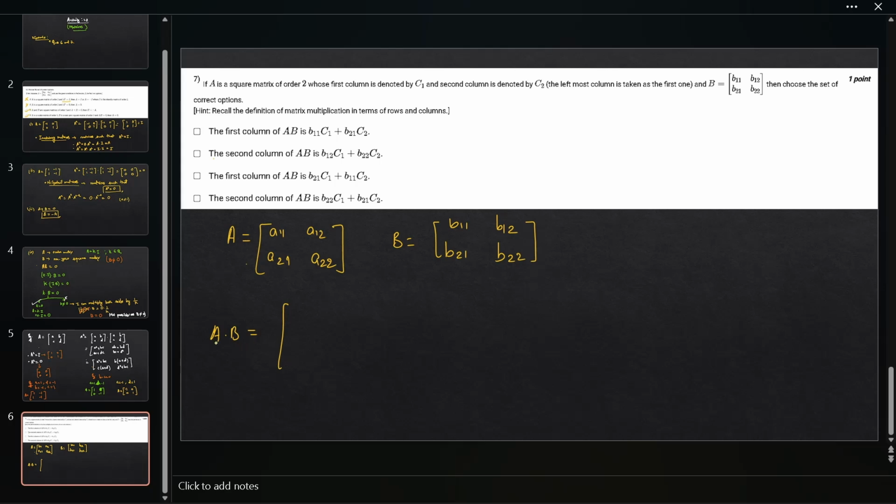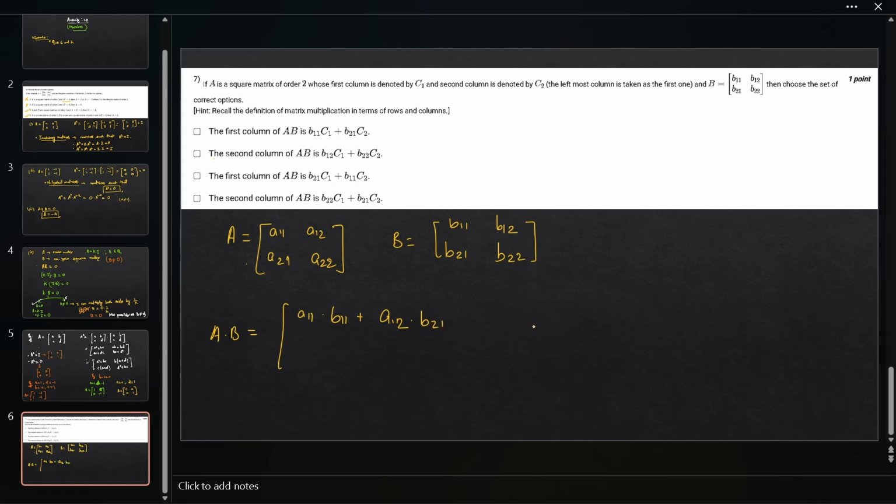So for the 1, 1 component of AB, we will take the first row of A and the first column of B, such that we are multiplying the first component of the first row of A with the first component of first column of B, that is A11 times B11, and then taking its sum with the second component of first row of A with the second component of first column of B, that is A12 times B21.